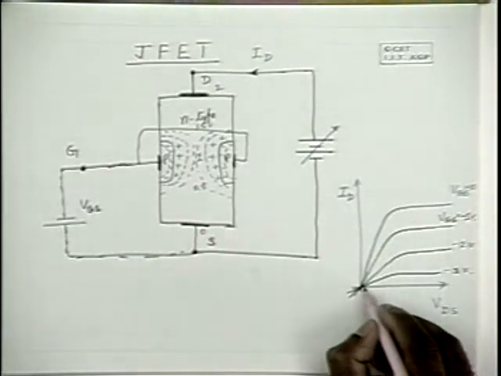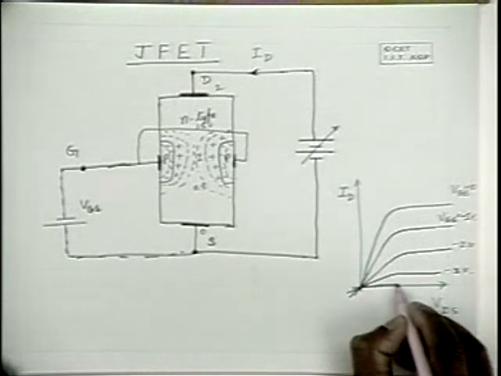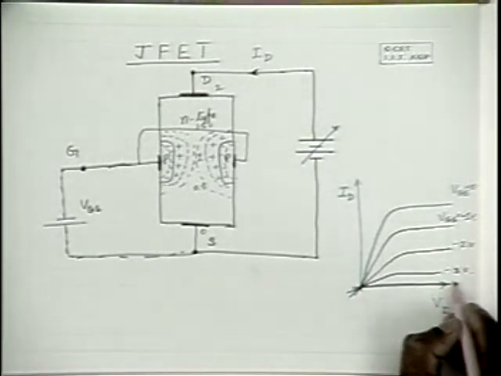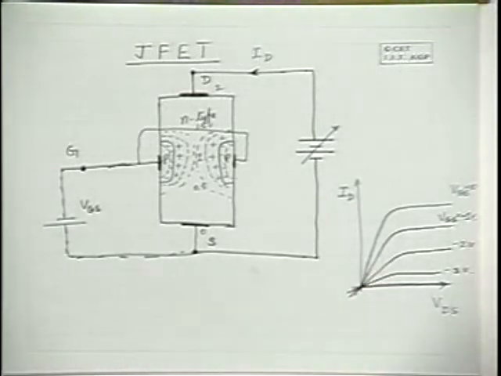So for some large negative VGS, ID is almost 0. So this is what you find.